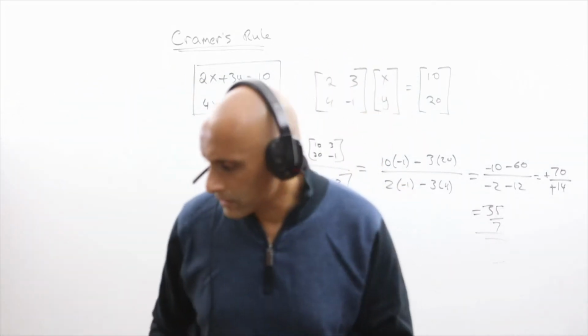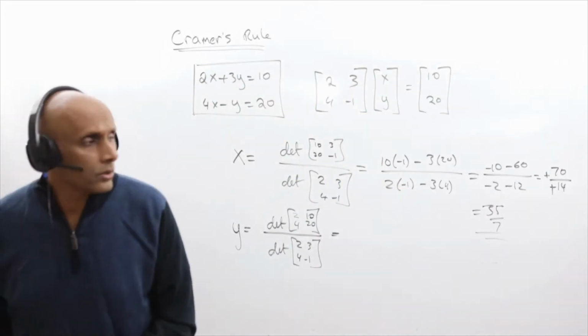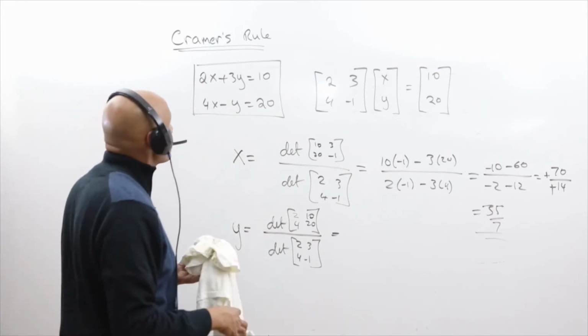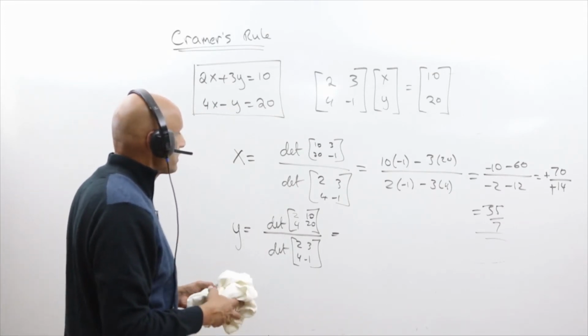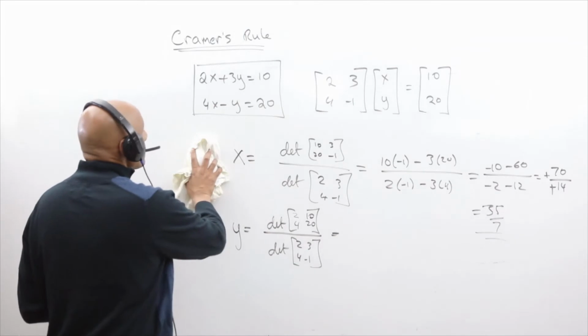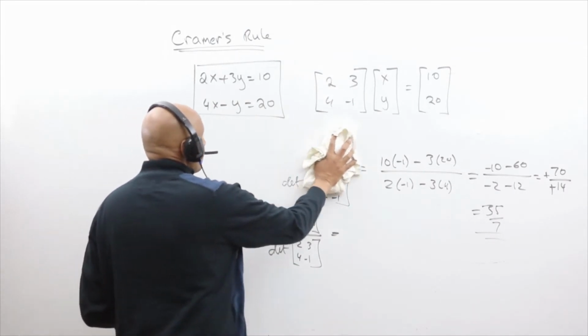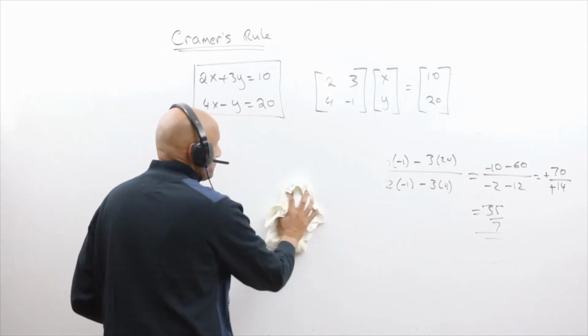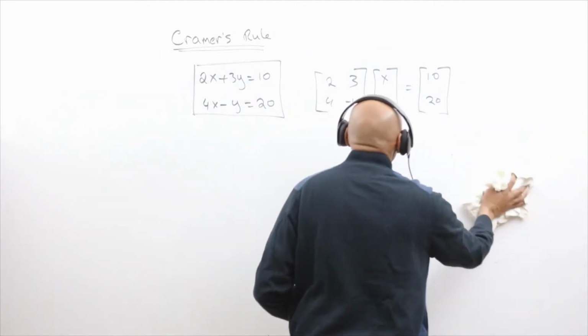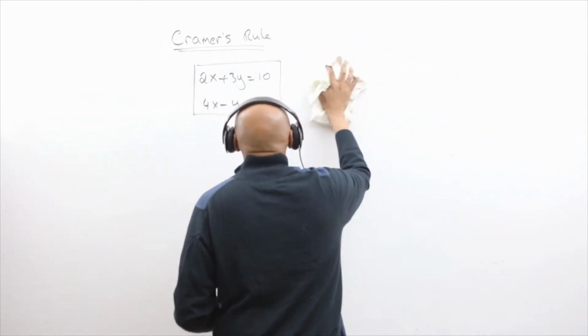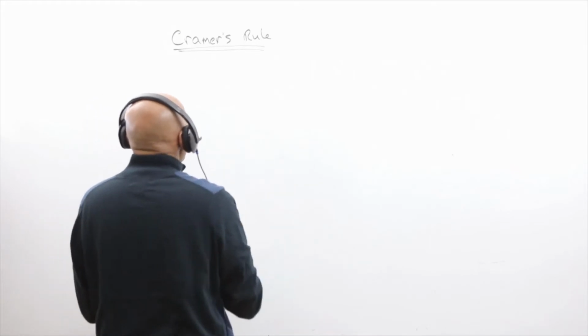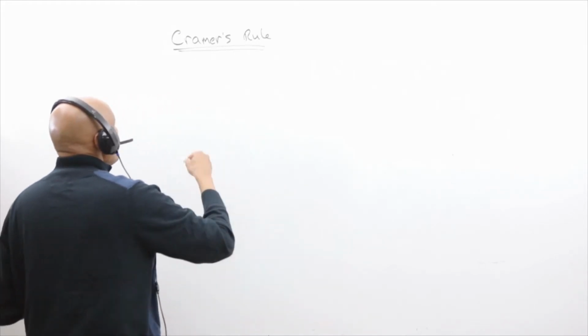So let me erase this board. I won't go through the process of calculating this determinant. I just want to make sure you understand the procedure for calculating x and y. Actually, let me try a simpler example so that we can try it out really quickly, something that's really easy to solve so we don't waste time calculating these things.